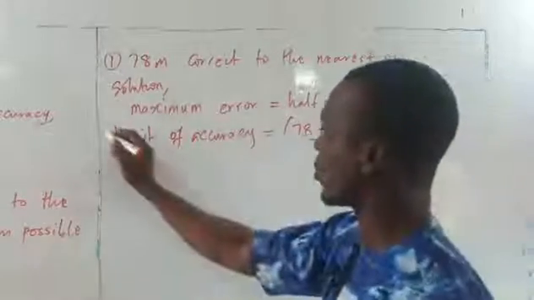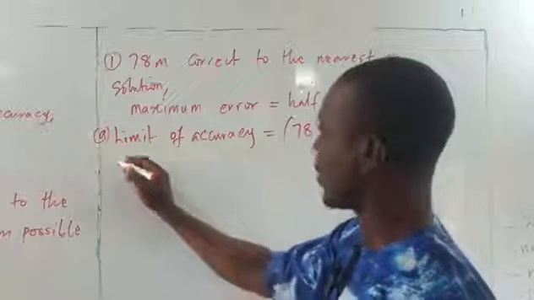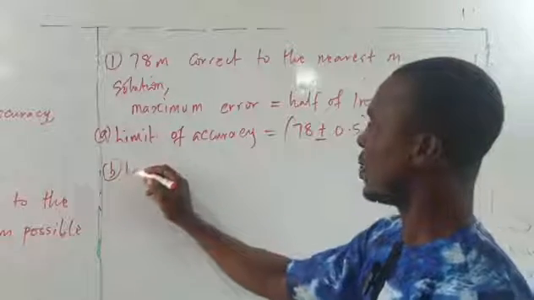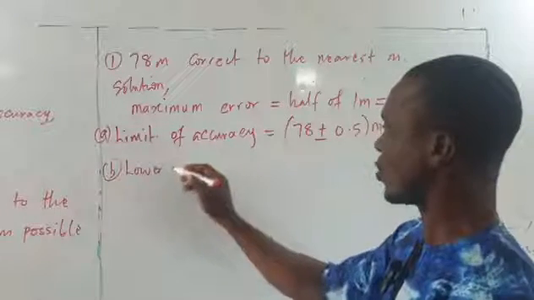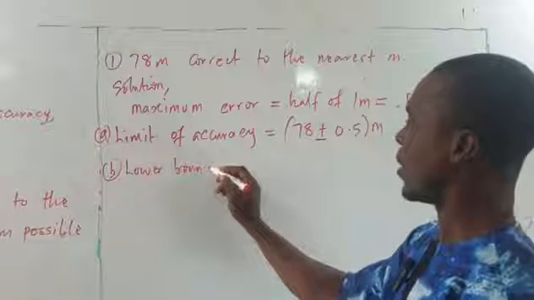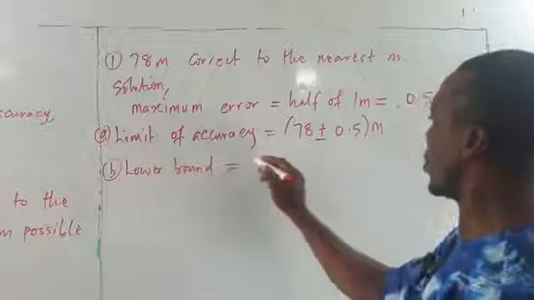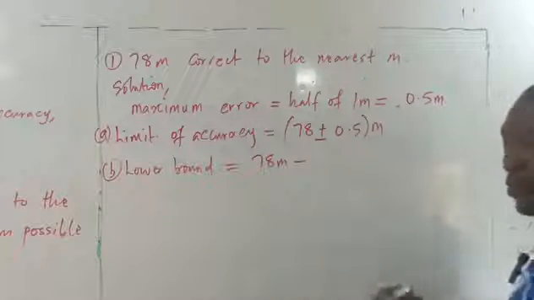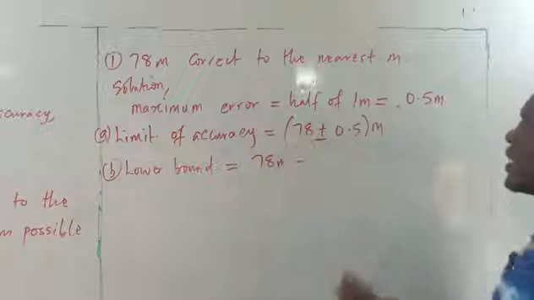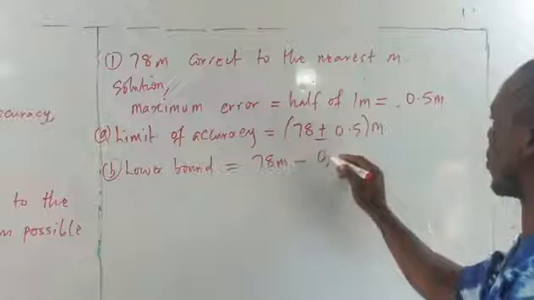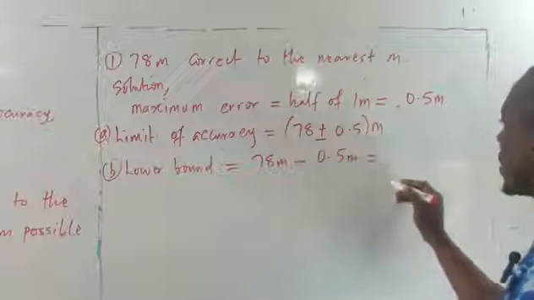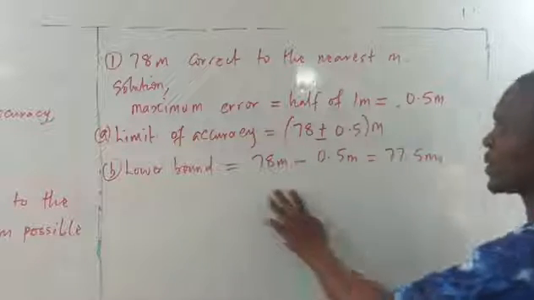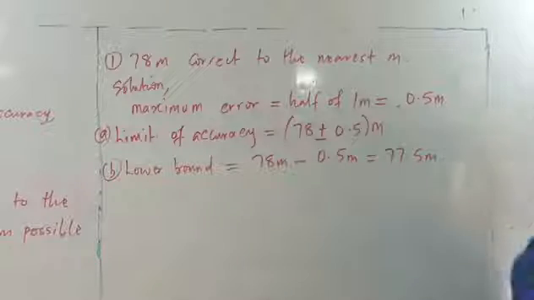This is the A part. Then the B part of the question, which is the lower band and upper band. The lower band, which is also known as the lower limit, will be 78 meters minus, because we are looking for the number less than 78, 0.5 meters, which is 77.5 meters.